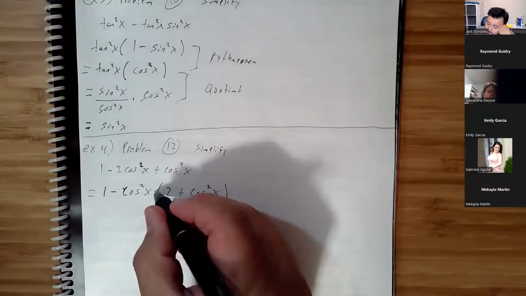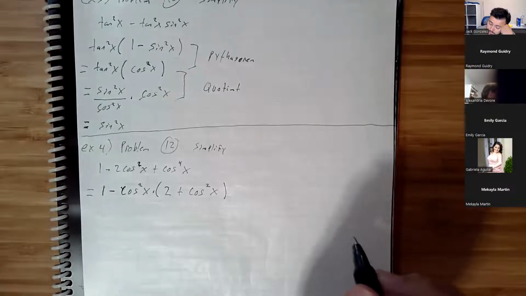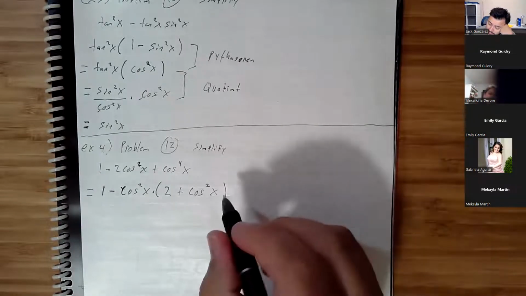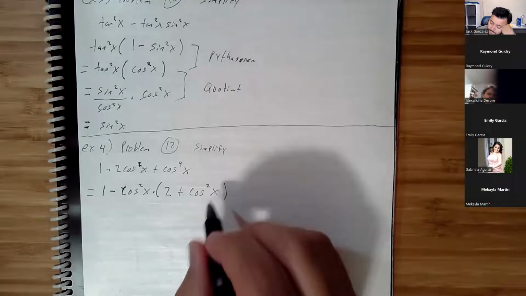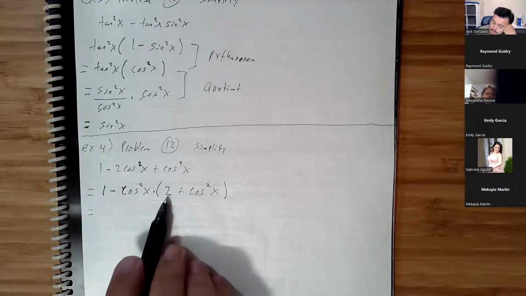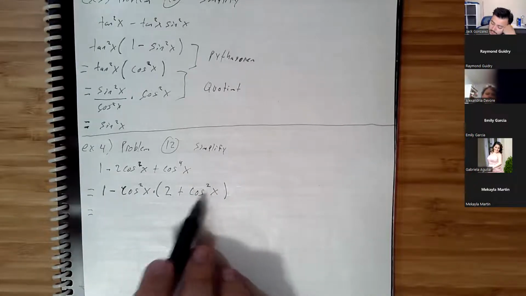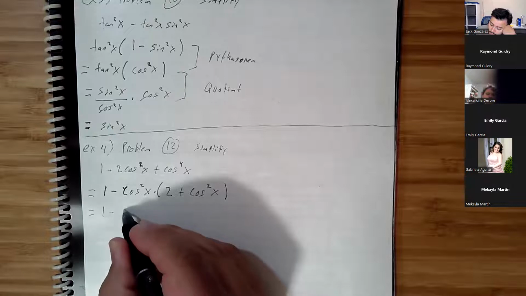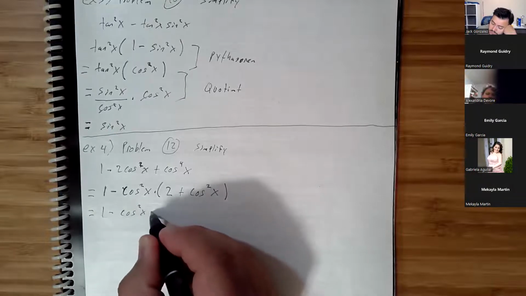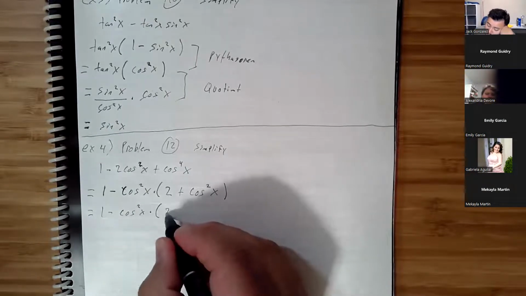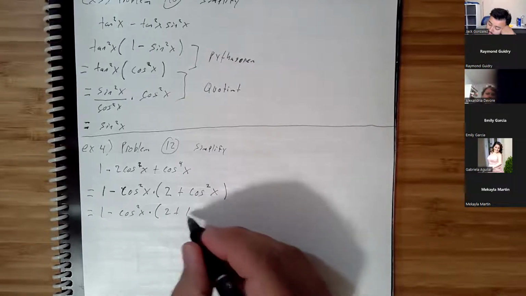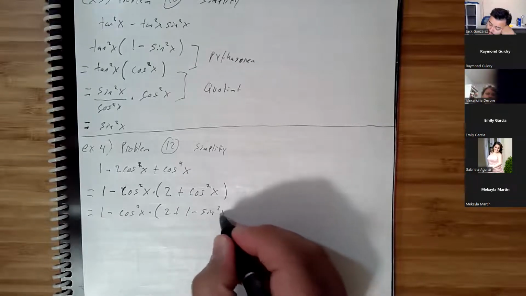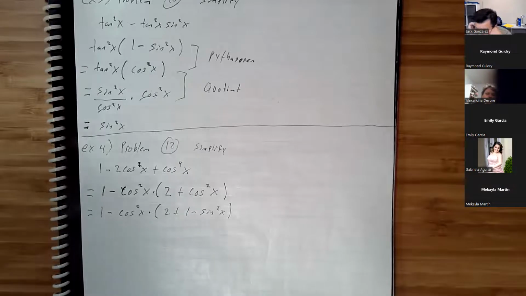So this was factored out. Cosine squared. Let's change that one because I see a 2 here. Like maybe I can do something with the 2 when I change this to sine. So 1 minus cosine squared times this garbage. This will be 1 minus sine squared x. Is that helpful?